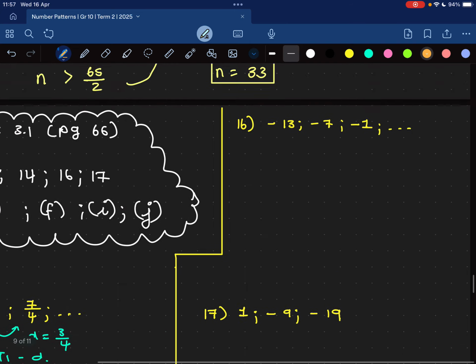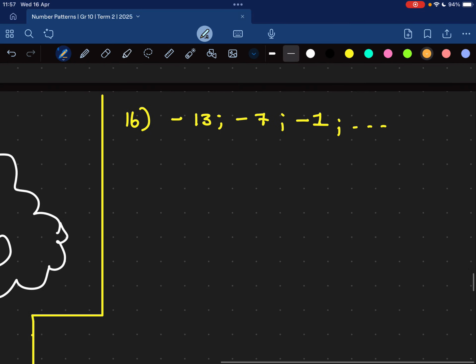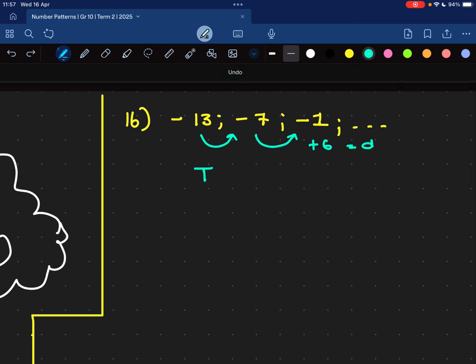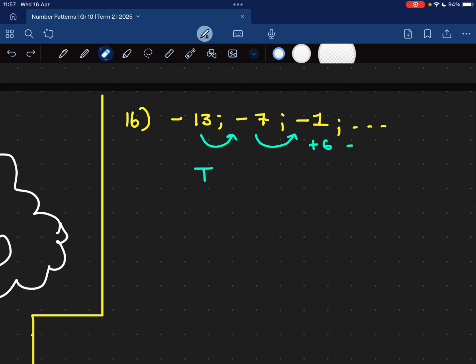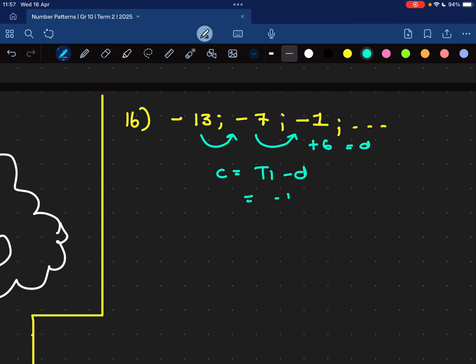Okay, moving on to 16. So again, when I look at this, I can see the common difference is quite easy to spot. I'm just adding 6. So that's the common difference. And then the C value I'm going to find by saying, well, C is equal to T1 minus D, which is negative 13 minus 6, which is going to be negative 19.